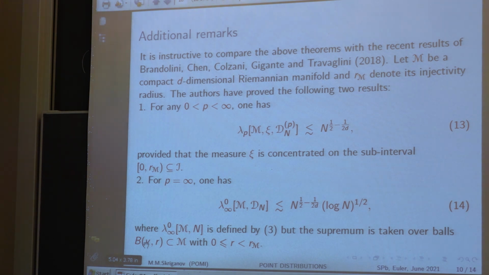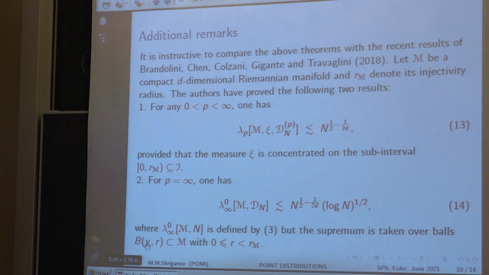So Rm denotes the minimal radius such that all balls of smaller radius are diffeomorphic to the Euclidean ball. So this is the maximal radius where the structure of the Riemannian manifold is equivalent to the structure of Euclidean balls, Euclidean space.